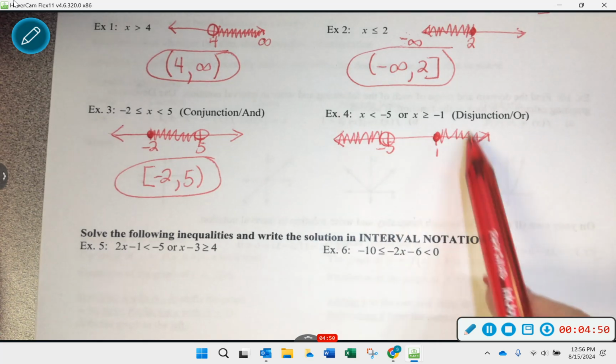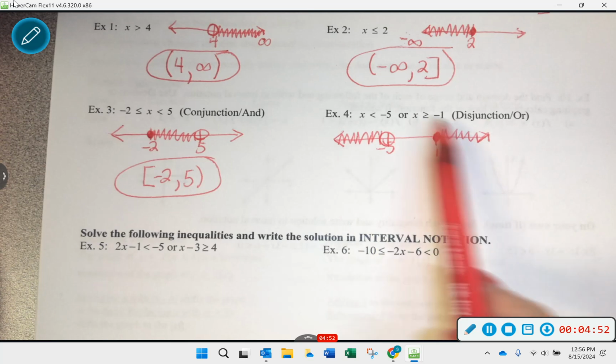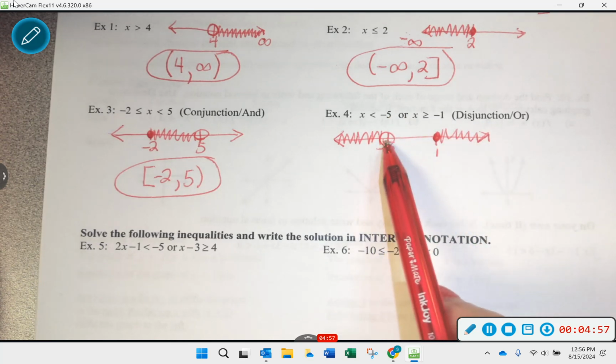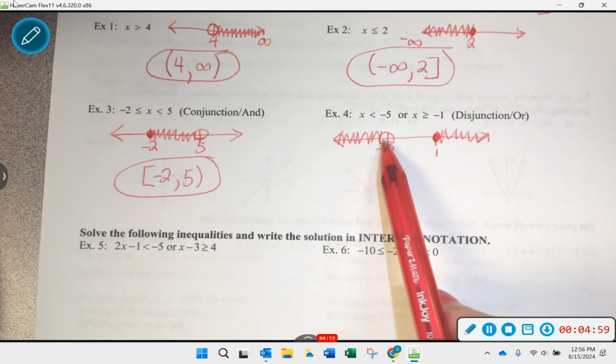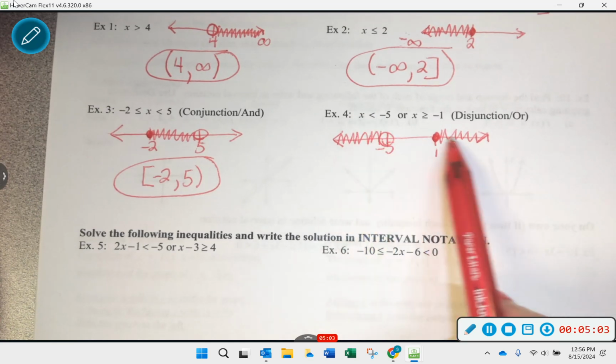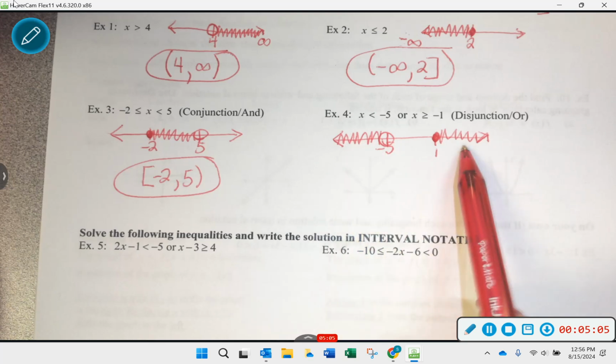This is how your number line looks. This is called a disjunction. It's called an OR problem. So we're saying that the only way this is going to work is if X is down here or X is down there. It can't meet both requirements. It can be here or here.